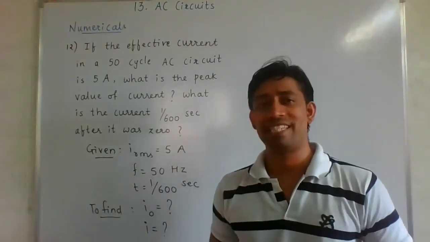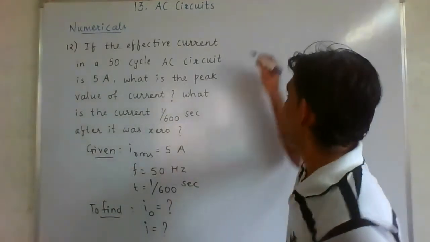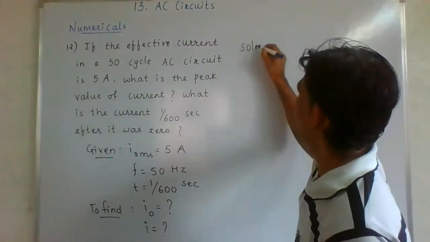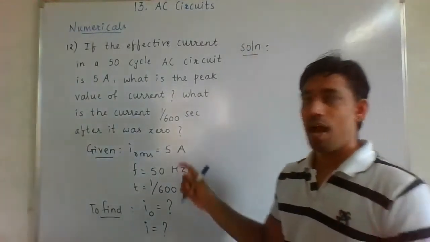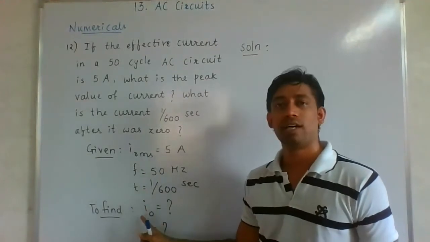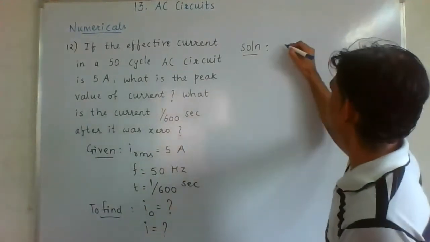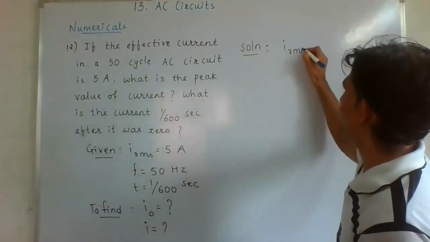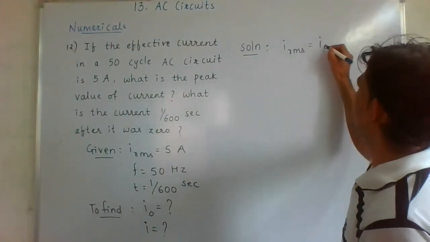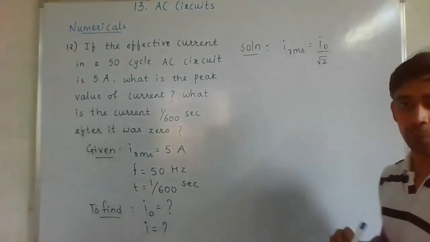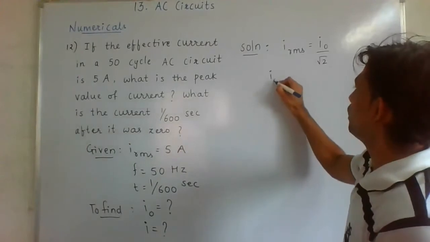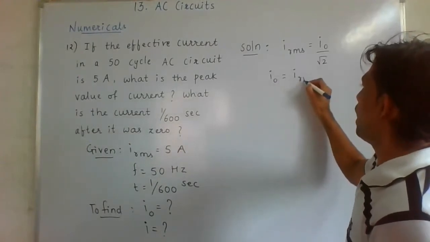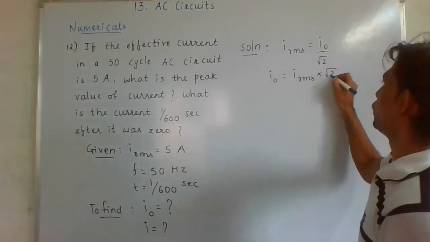I hope you have seen lecture number 4. In that we had derived one formula between IRMS and maximum current. It was IRMS is equal to I naught divided by root 2. So therefore I naught can be written as IRMS into root 2.